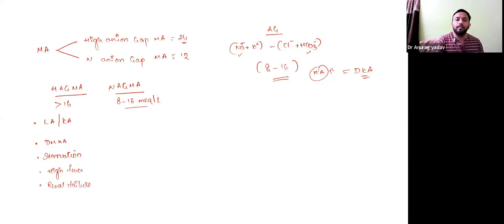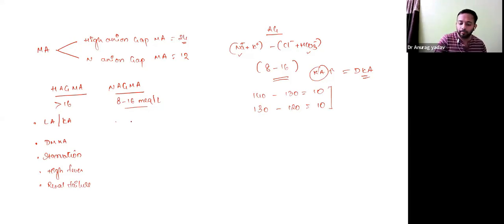Then what happens to the difference? The difference remains the same. For example, 140 minus 130 is 10, or 130 minus 120 is also 10. There is no change in the difference because there is loss of ions from both sides. Plus ions are lost and minus ions are also lost.